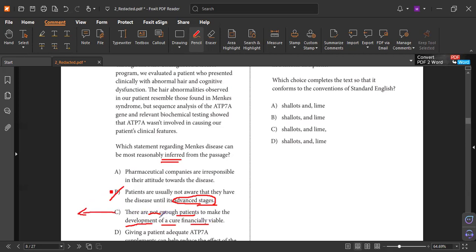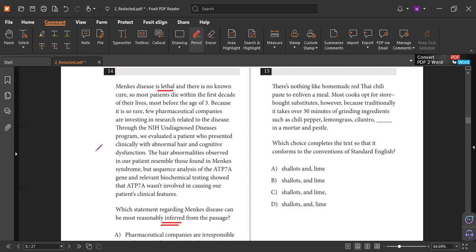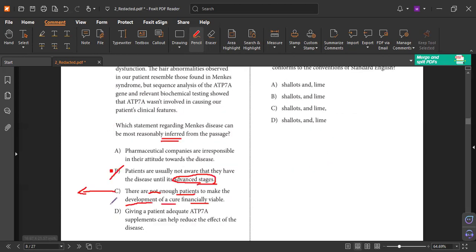So why are there not enough patients? Because look, most die within the first decade of their life, mostly before 3 years, because it is so rare. That means there are no more patients to do the testing or to do anything. Feel it? This one is supported. Yes. So letter C, it is mentioned.